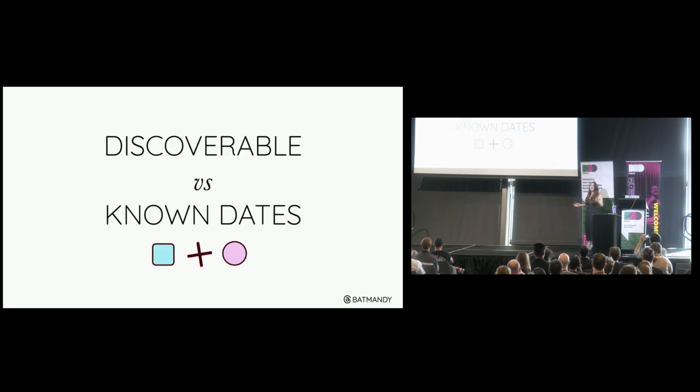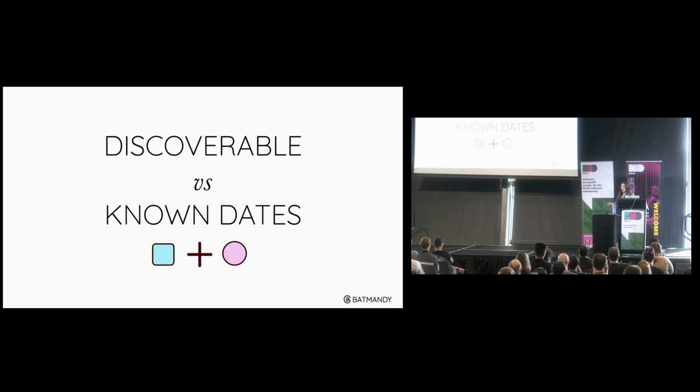There are basically two kinds of dates: discoverable dates and known dates. Now, if you need to find unavailable dates, look for a date range, dates with a start and end matters, then we need them to be discoverable, right? And a complex UI like a calendar is very useful.